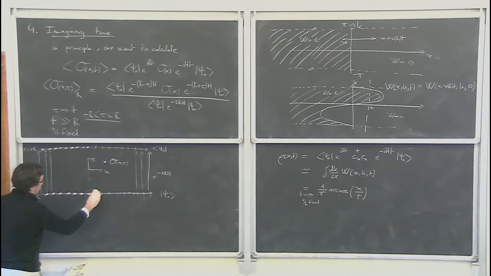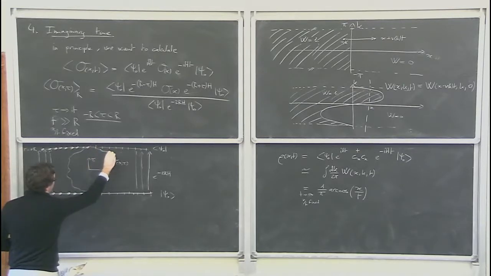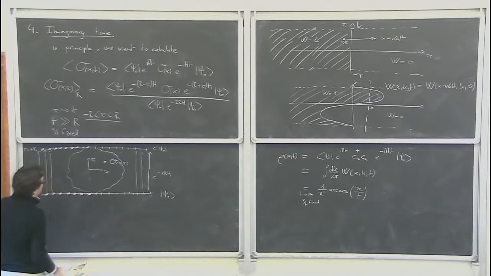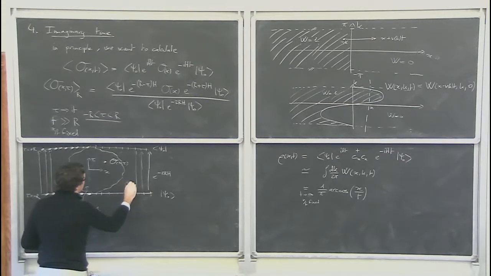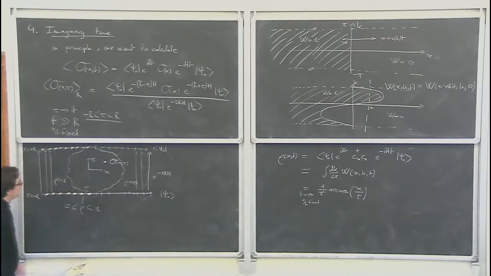However, here the particles can start hopping, and so in the middle there's a region that is going to grow, and it's going to have some shape that looks like that, in which the density is neither 0 nor 1. Here the density has to be 1, here the density has to be 0, and in some region in the middle it's neither 0 nor 1.